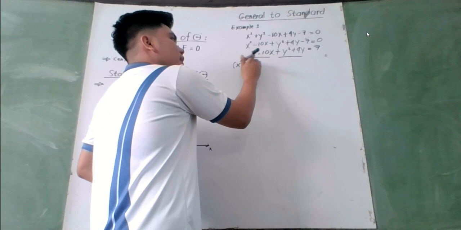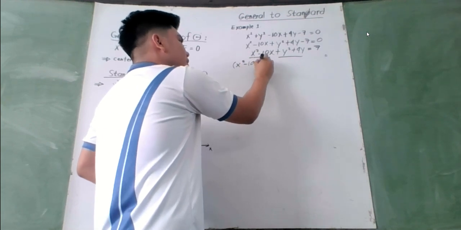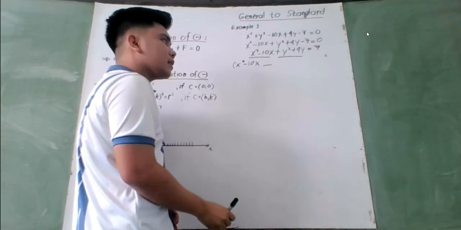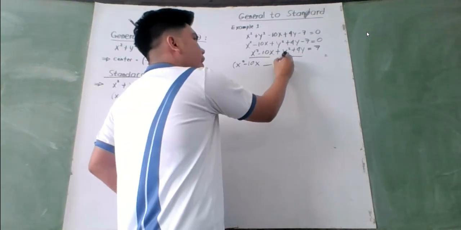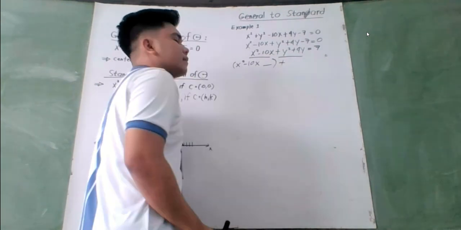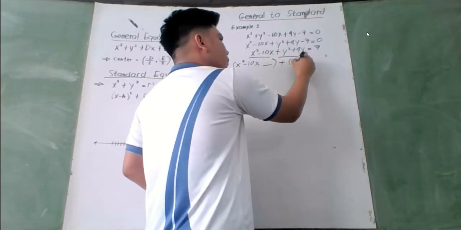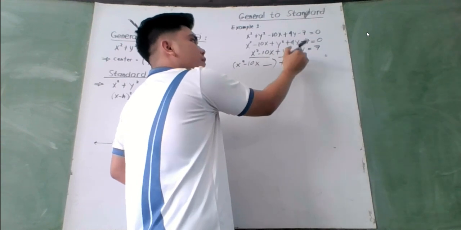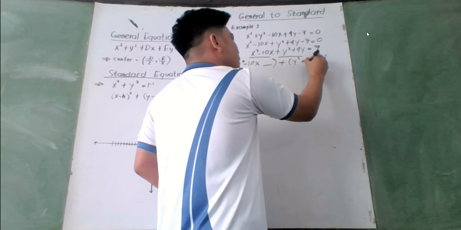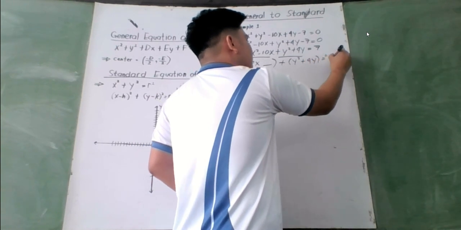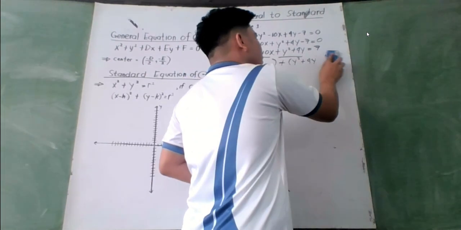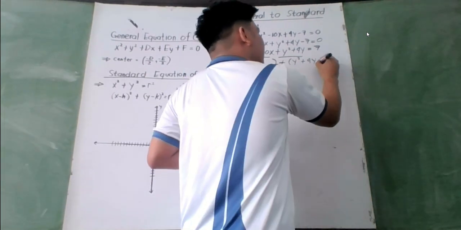Just copy first x squared minus 10x, leave a blank here, and then close parenthesis, plus copy y squared plus 4y, this is another perfect square binomial, and then copy the 7. But again, do not forget to add a blank here on the right side.